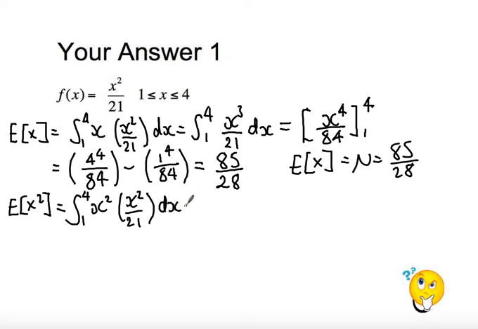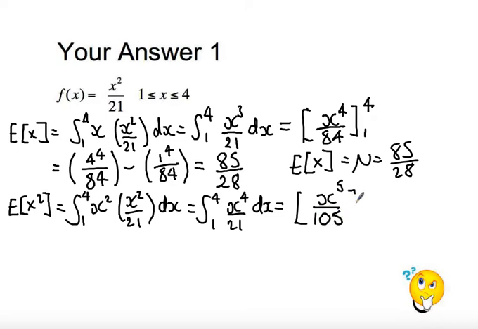dx. So this is going to come out as exactly the same as before, except the power is going to be 1 higher, so x to the power of 4 over 21. And so when I integrate this, I'm going to get a power that's 1 higher, so it's x to the power of 5. And I'm going to multiply the denominator by 5, so I get x to the power of 5 over 105, integrating between 1 and 4.